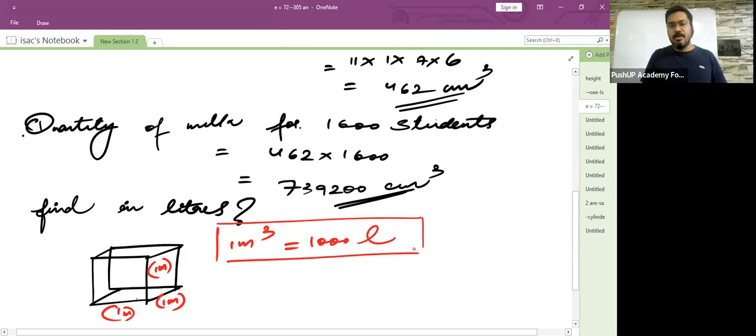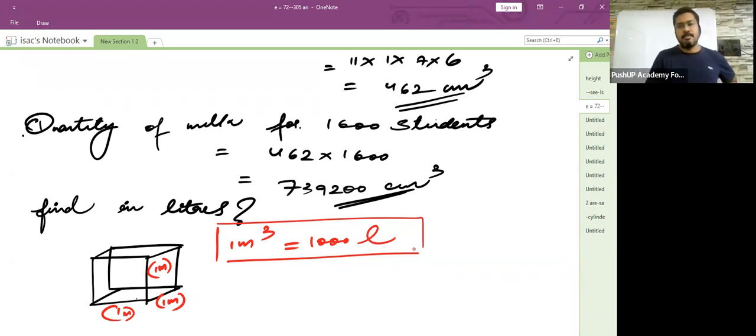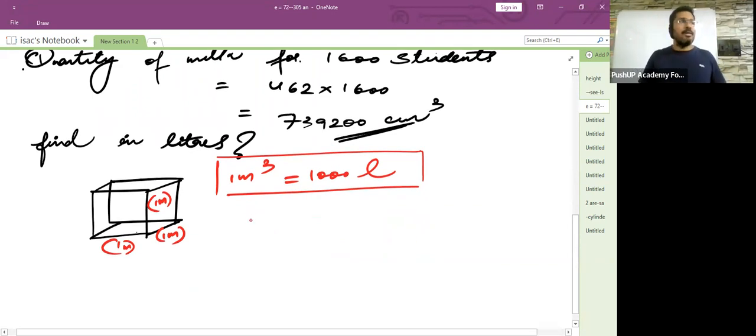Can you please make a note of this? 1 meter cube is equal to 1,000 liters. Okay, note it down. Now, if I ask you, 1 meter is equal to how many centimeters? 1 meter is equal to 100 centimeters.